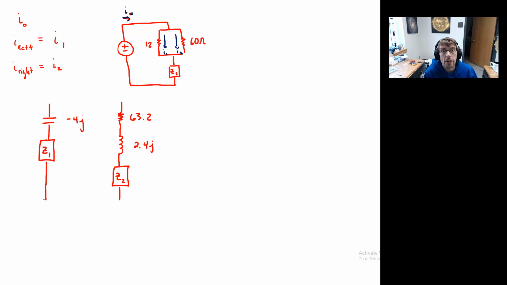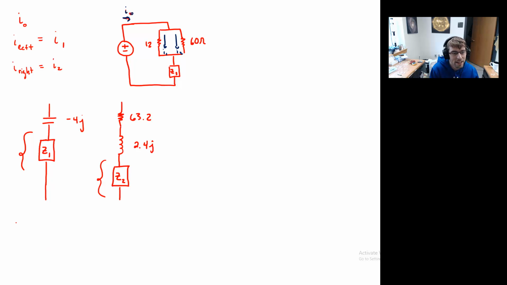Okay, so now that we know the current flowing through each the left and the right branch, now we can find what the potential drop is across Z1 and Z2. Right?